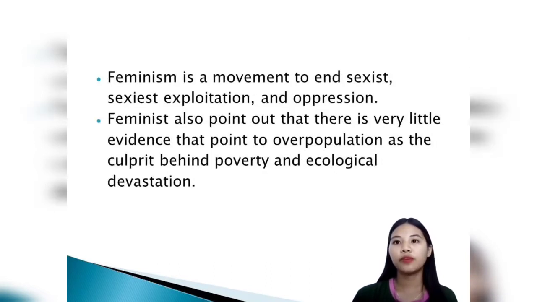It means that feminism is a movement to end sex exploitation and oppression. When we say sex exploitation, it talks about the practice by which a person achieves sexual gratification, financial gain, or advancement through the abuse or exploitation of a person's sexuality by abrogating that person's human rights to dignity, equality, autonomy, and physical and mental well-being.